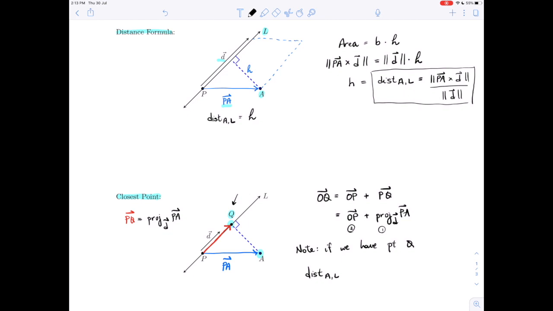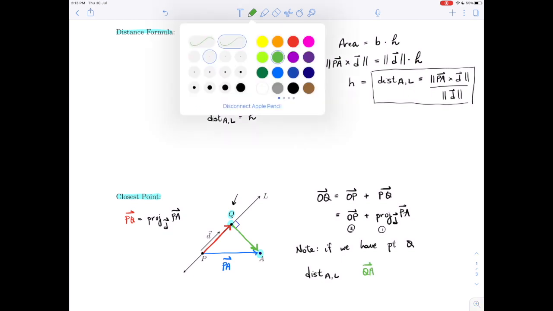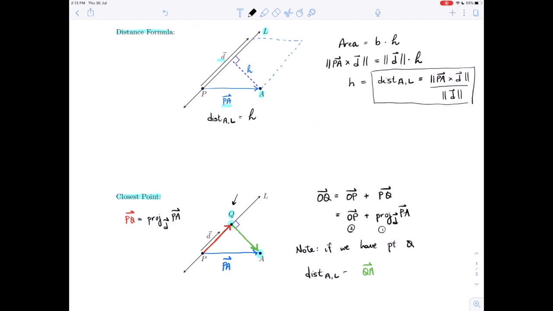The distance from A to the line is the distance from point Q to A. If I write that as a vector, that's vector QA, and if I want the distance, then I'm talking about the norm of that vector.